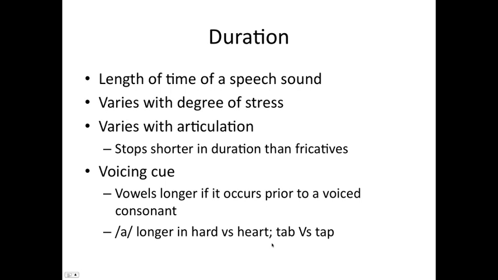So if you think about this, tab versus tap, the only difference is that there is an increase in vowel duration before the voiced consonant, and the voiced and voiceless is the change. Everything else stays the same. So duration influences how we perceive sounds.